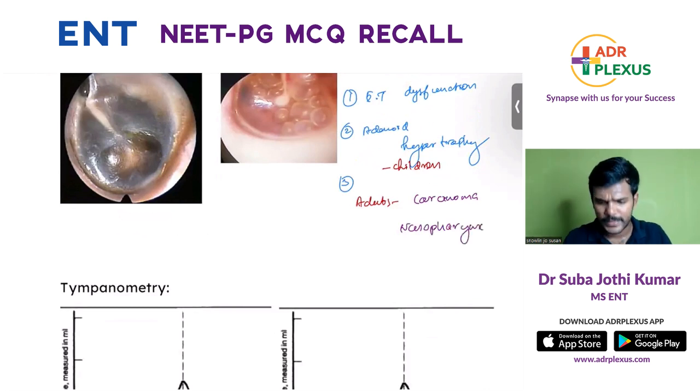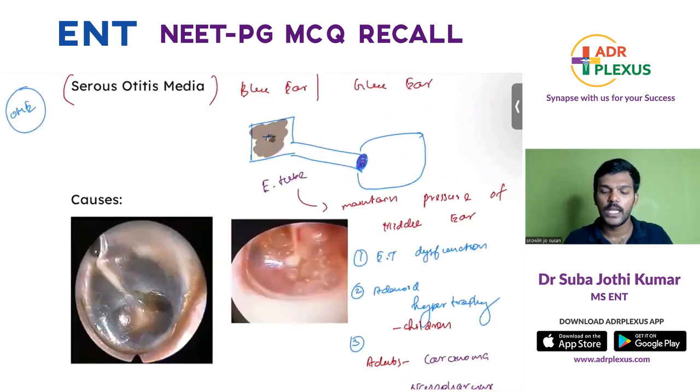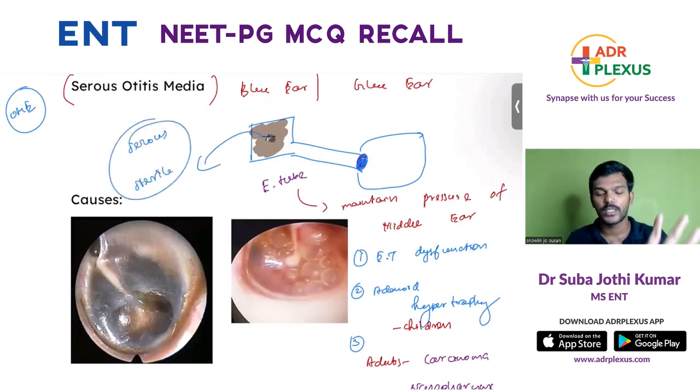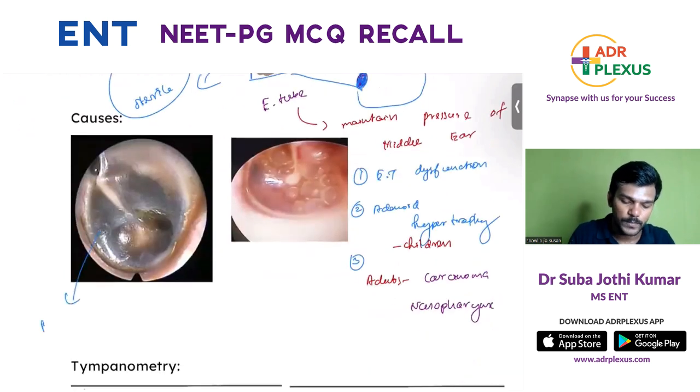Yes. So these are the causes of serous otitis media. There is a blockage at the pharyngeal end of the eustachian tube that is causing serous and sterile fluid to accumulate inside the middle ear. Those are the causes of serous otitis media. See, that is blue ear.